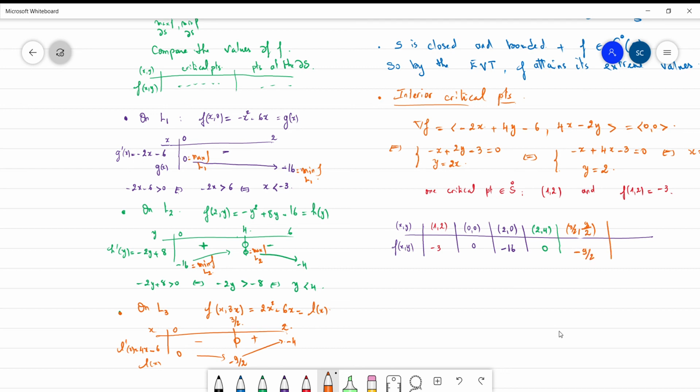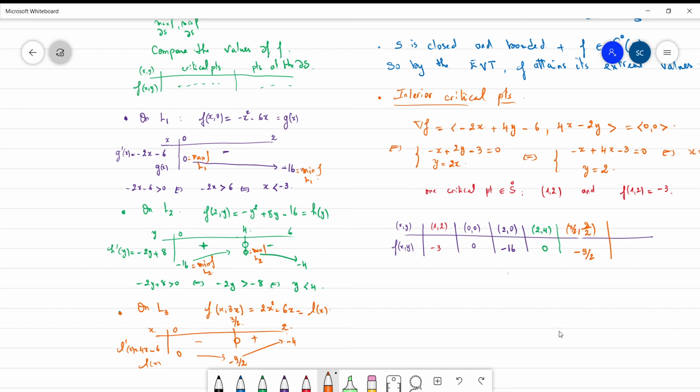Okay, and from here we have gathered all the extreme values at the boundary and the interior critical points, and the values of f at these important points are gathered in the table. Now we just compare and conclude.